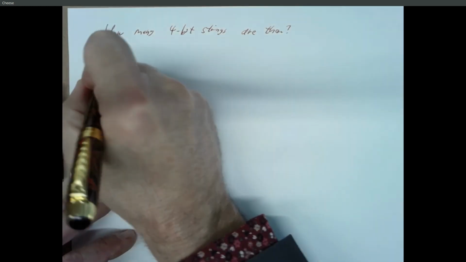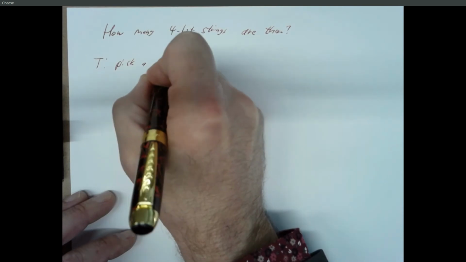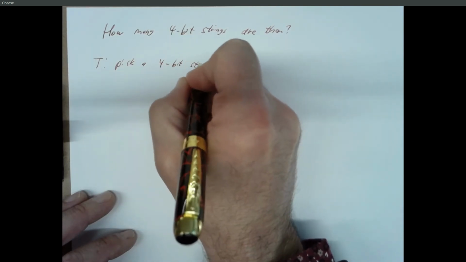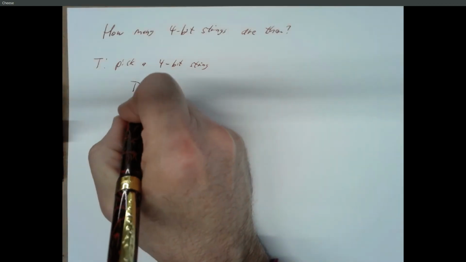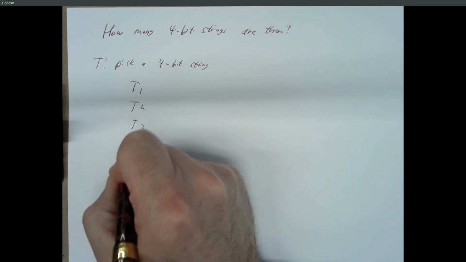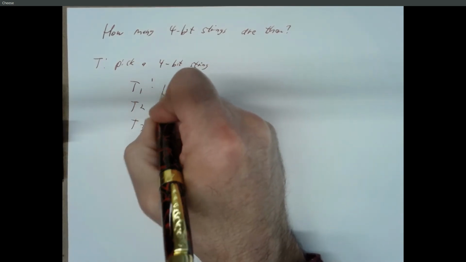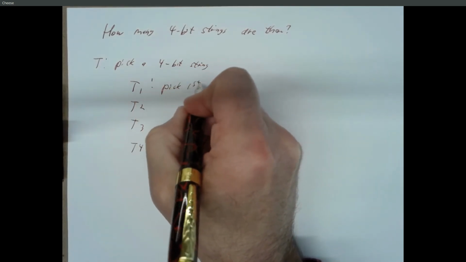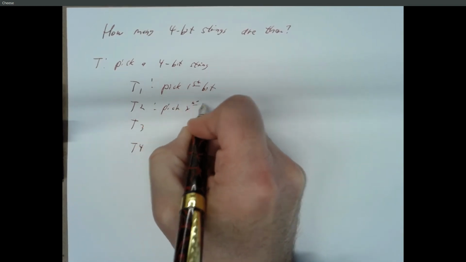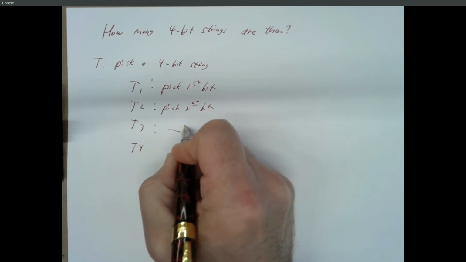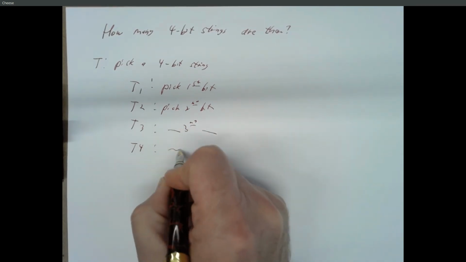So my task T is pick a 4-bit string. Right, just some pattern of 4 ones and zeros. And I'm going to break this into 4 subtasks. Task T1 is pick the first bit. Task T2 is pick the second bit. Pick the third bit. And pick the fourth bit.